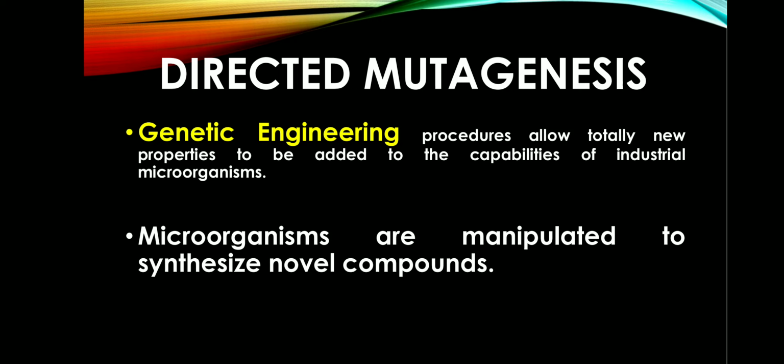Genetic engineering procedures will allow totally new properties to be added to the capabilities of industrial microorganisms. Microorganisms may be manipulated to synthesize and often excrete enhanced ranges of enzymes, which may facilitate the production of novel compounds and allow the utilization of cheaper substances during the fermentation process. Therefore we go for genetic engineering techniques.